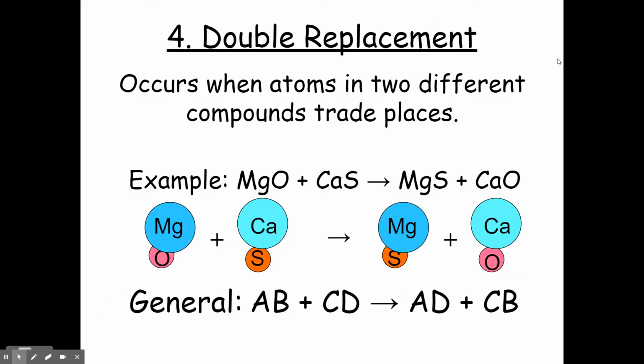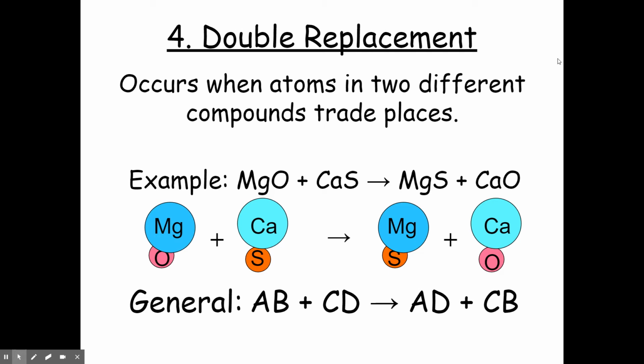Our double replacement are the longest types of reaction. They occur when 2 different atoms switch places. So in this example, we have magnesium oxide plus calcium sulfide, and the oxygen and sulfur are going to change places to make magnesium sulfide and calcium oxide.